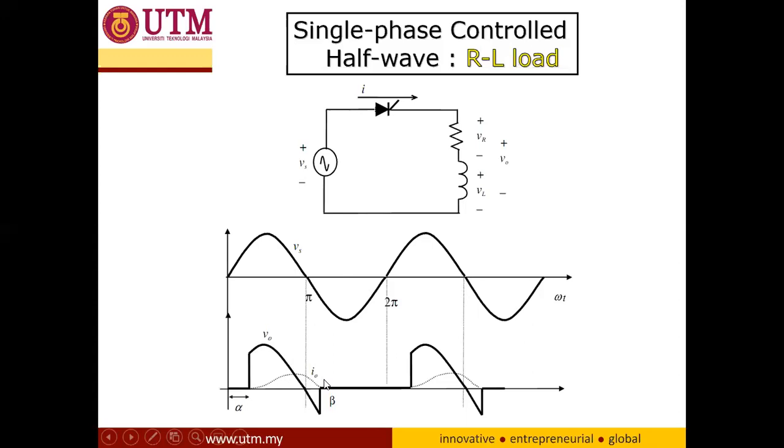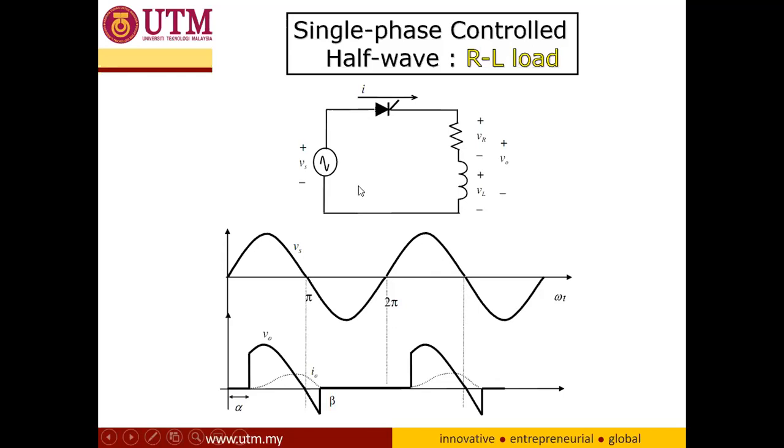As you notice, the current is no longer linear, because we have the inductor element here. The inductor will act as an energy storage in this load, so the current is no longer linear because it will charge and discharge.